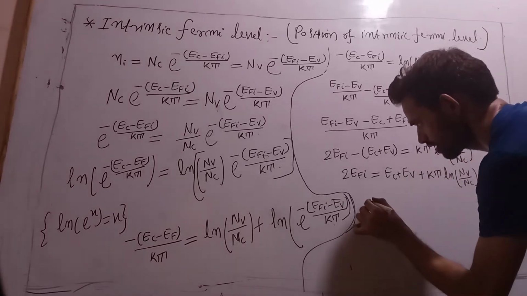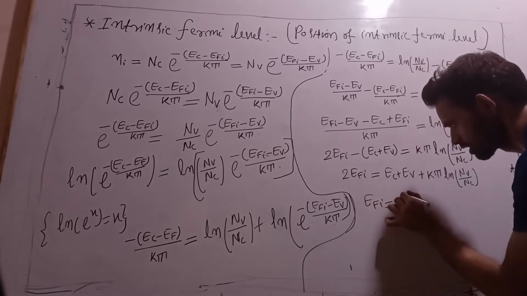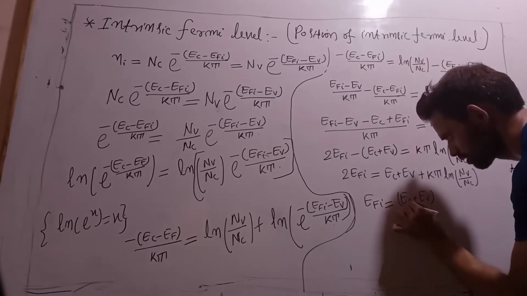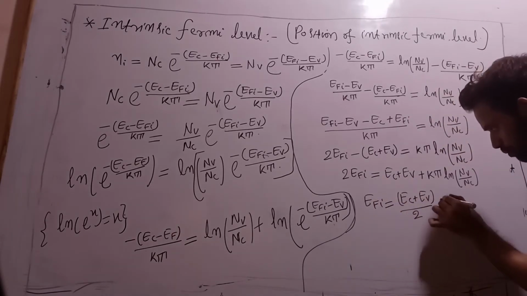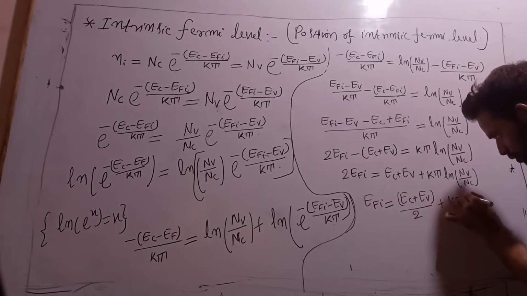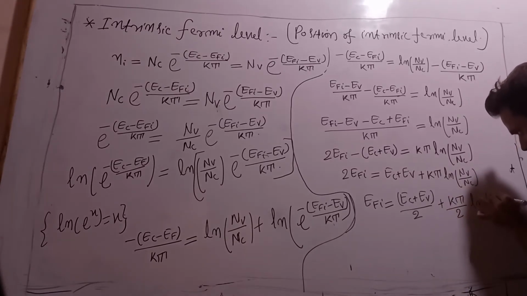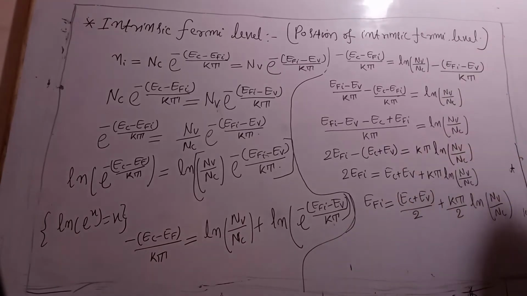Okay, so now see here, Efi is equal to Ec plus Ev by 2 plus kT by 2 ln Nv by Nc. Okay, now this is my Fermi energy level.